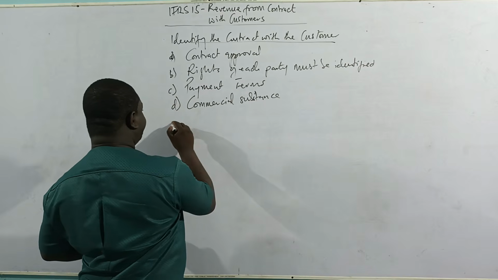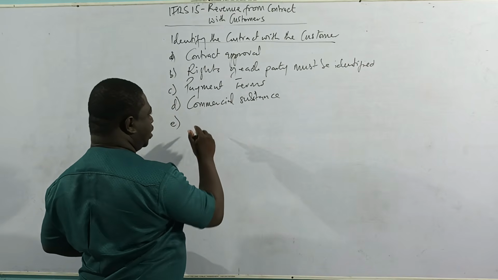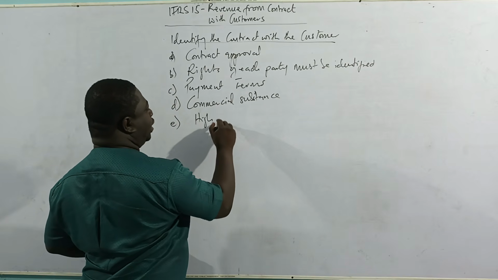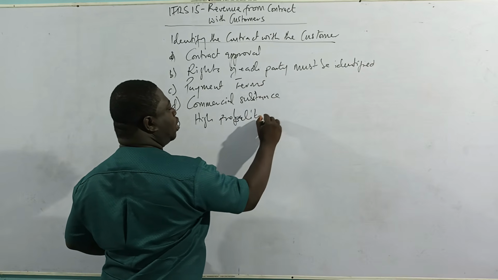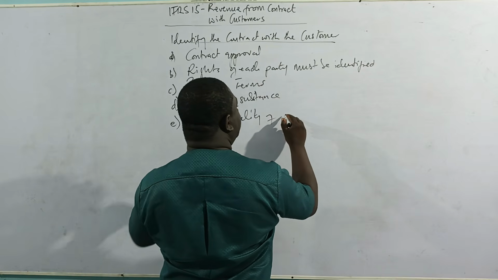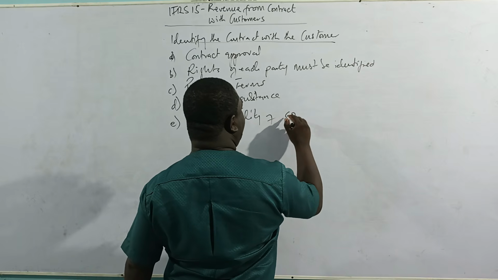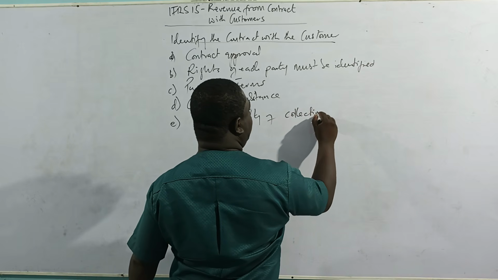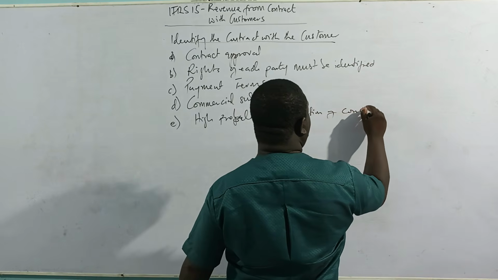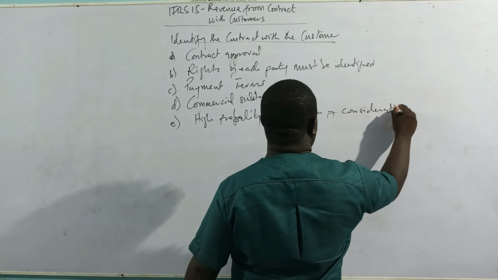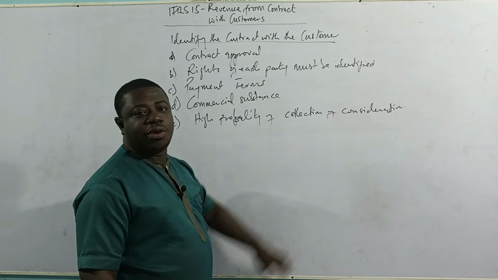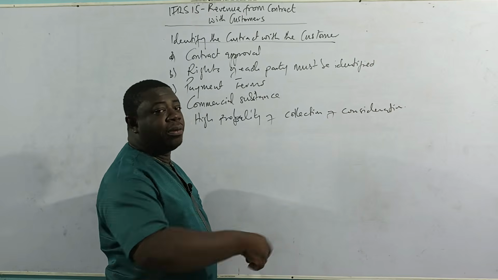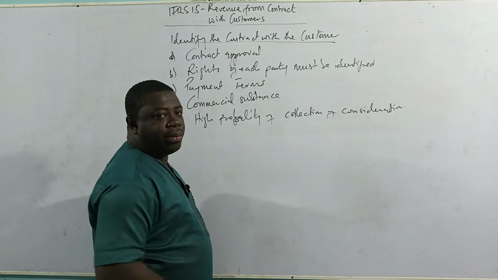Okay, so a high probability of collection of consideration. So yes, there is a high probability that the consideration can be collected. It will not be bad debt or irrecoverable debt.